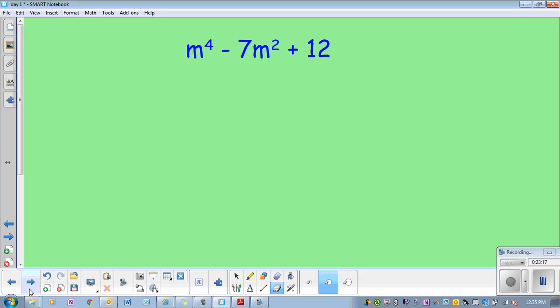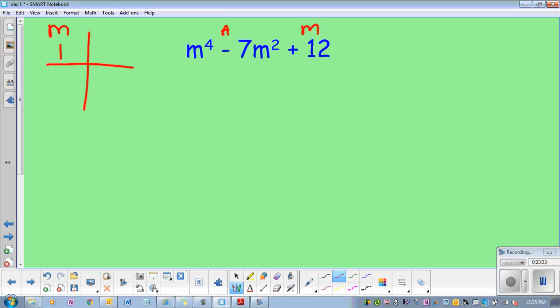Let's try the next one. My goodness, there's so many of these. Okay, let's go on to this one. No GCF. 3 terms, so AM. M is 12, A is negative 7. What are my two numbers?